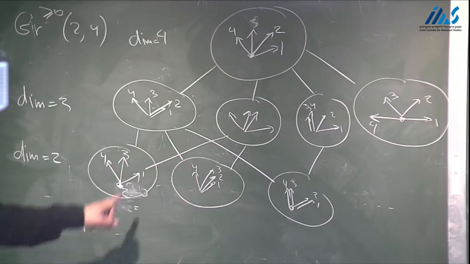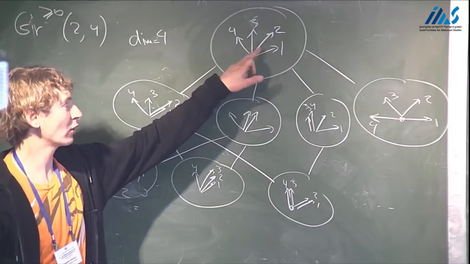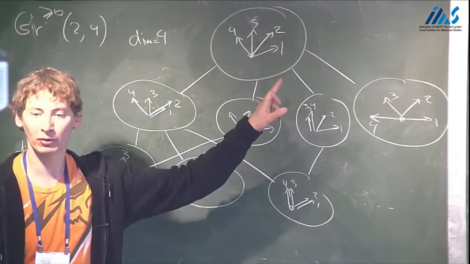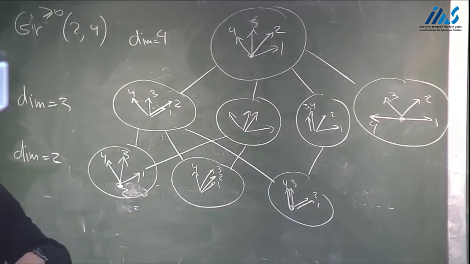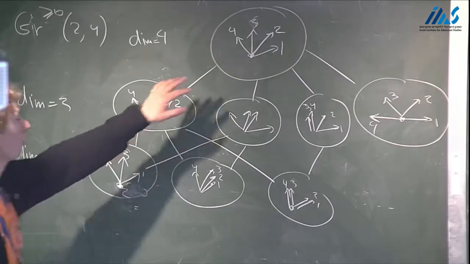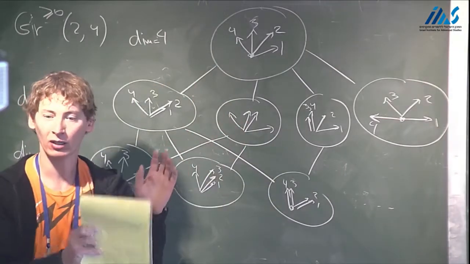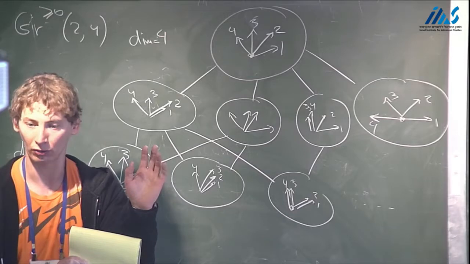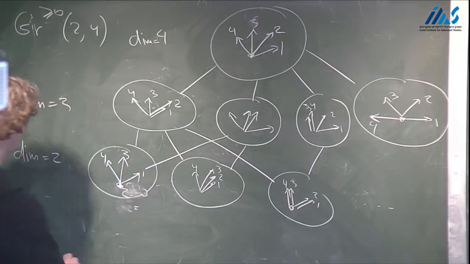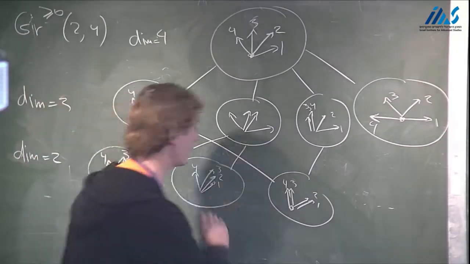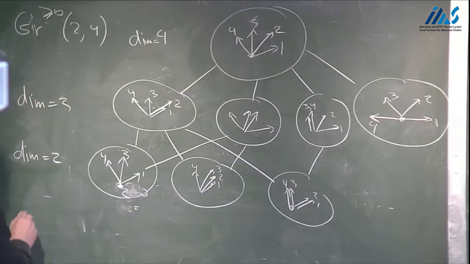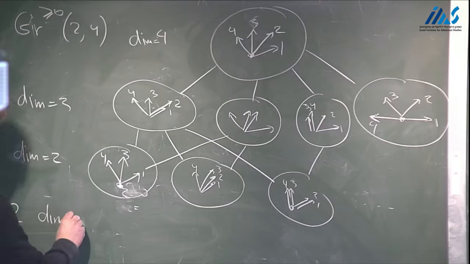Just notice that you cannot make one of these vectors 0 in one step, because that will drop the dimension by 2. First, you need to make them parallel to each other, and then you can degenerate one of these vectors to 0. Okay, so there are more cases, and then there will be 12 cells of dimension 1.